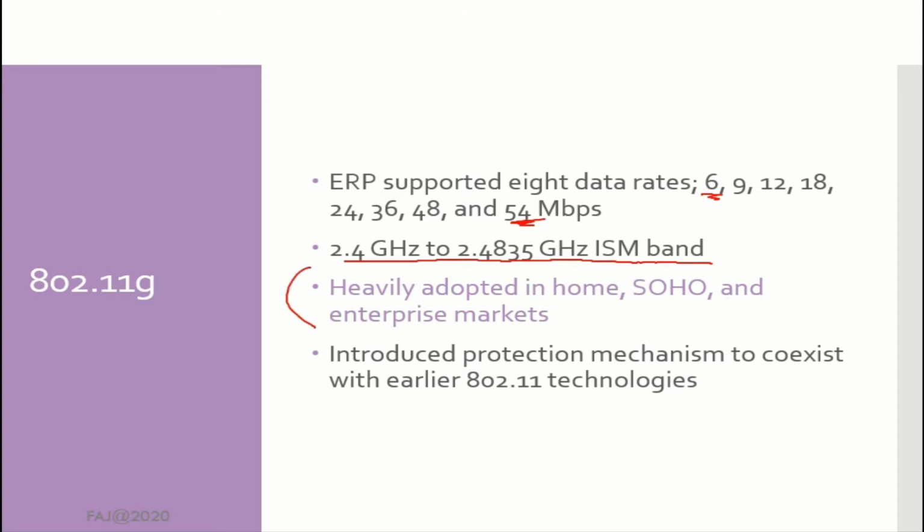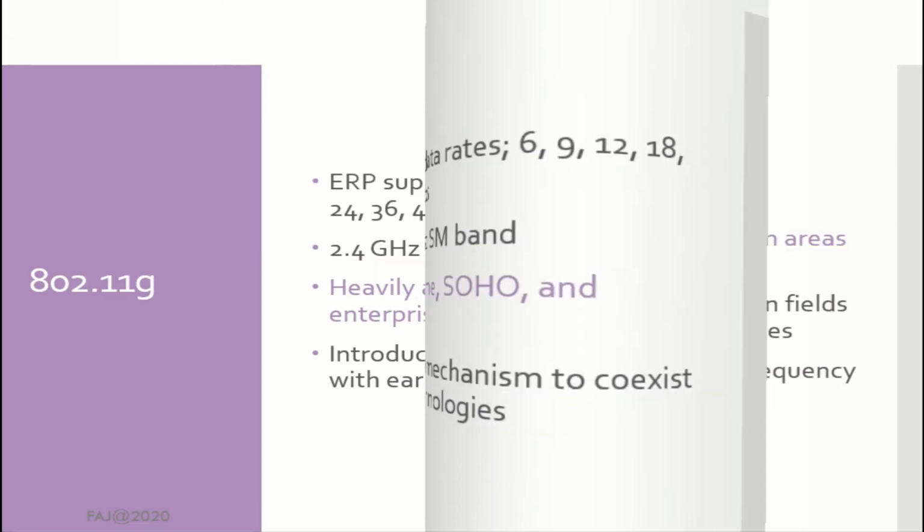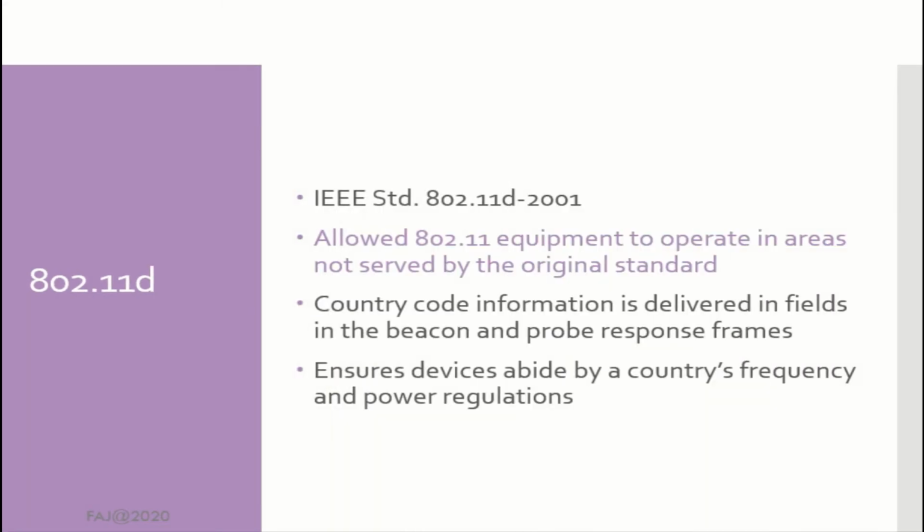Heavily adopted in home, SOHO, small office home office, and enterprise markets. 802.11d, published in 2001. This type of standard allows 802.11 equipment to operate in areas not served by the original standard.